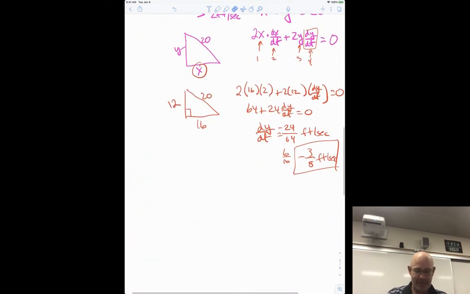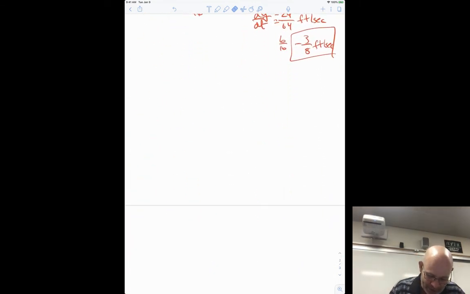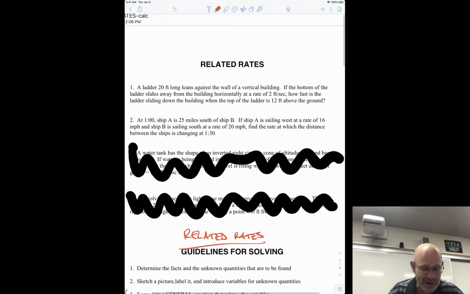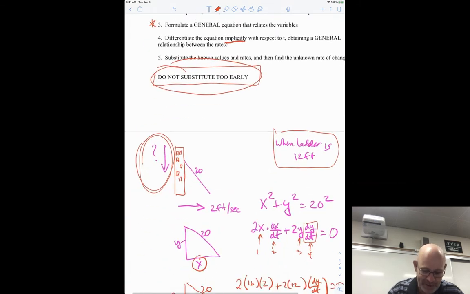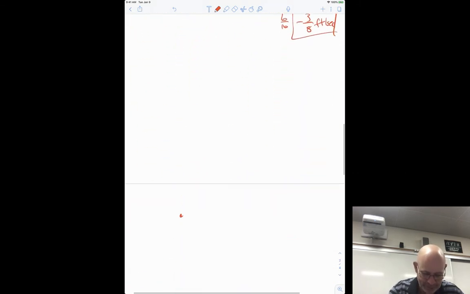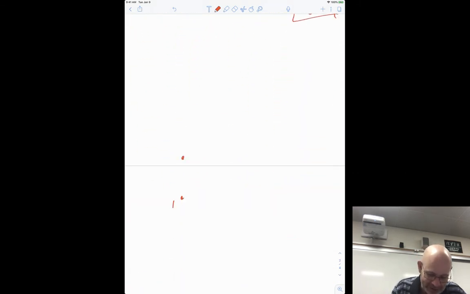All right, so let me draw a little picture here. Oops, I'm going to jump back and forth, sorry. At 1 o'clock, ship A is 25 miles south of ship B. So we'll call this A. We'll call this ship B, right now 25 miles. It's 1 o'clock.